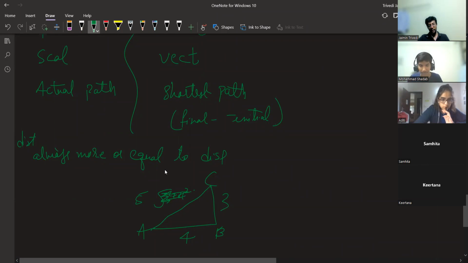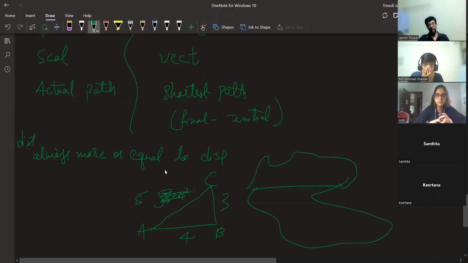So if you take any direction, like if you move in this path or move in this path, anywhere you move, the shortest path will be this one. You can move in any direction. So obvious. So distance should be greater.